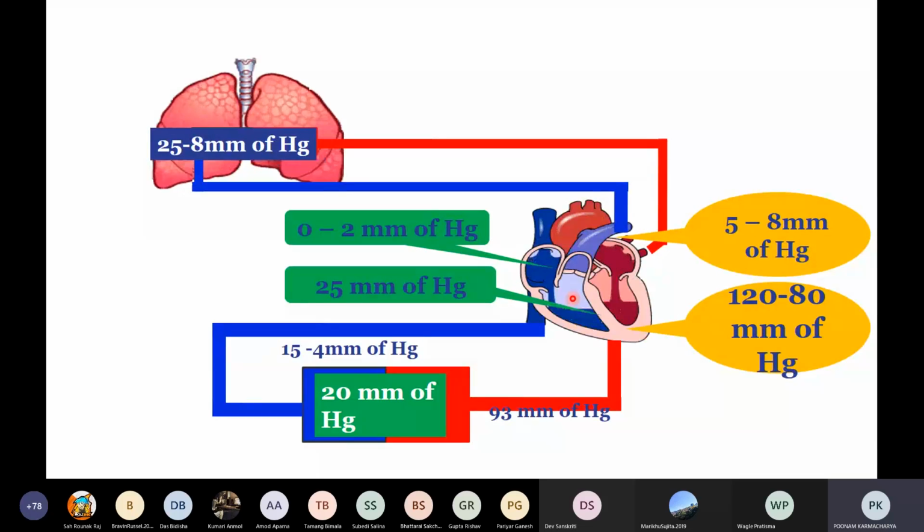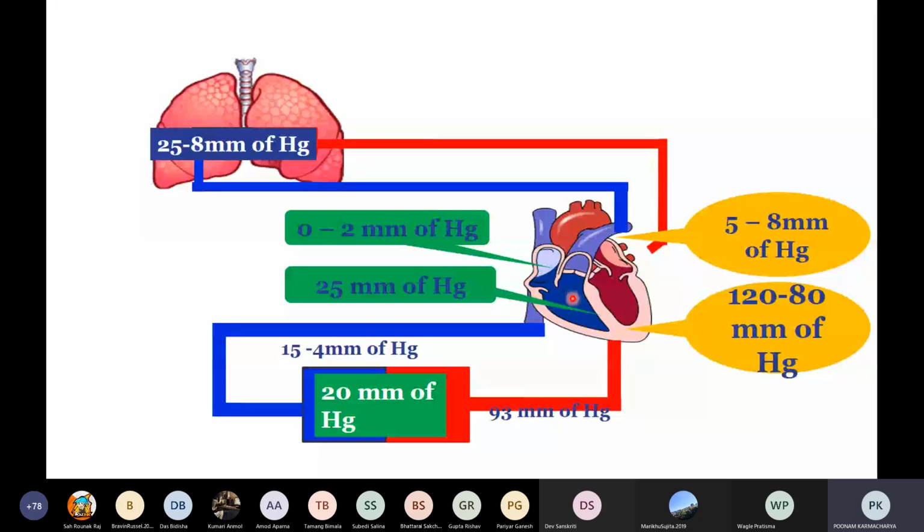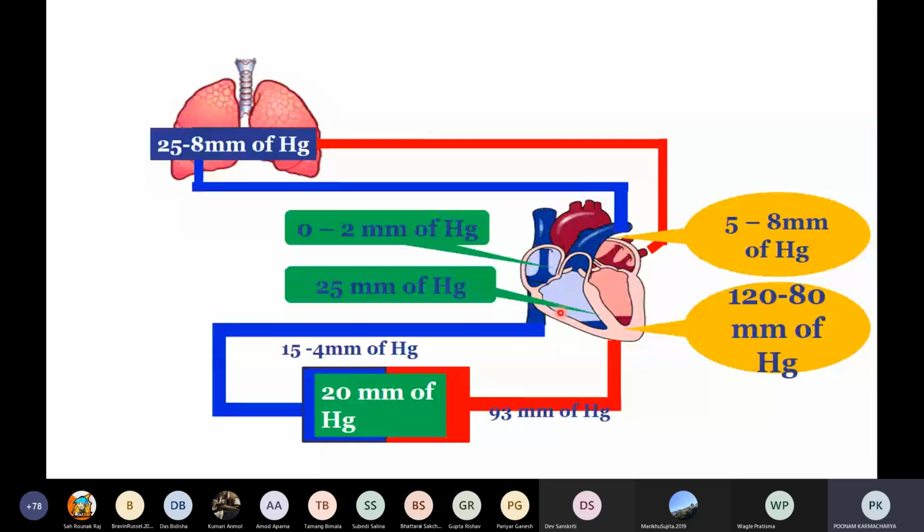So you see in the right ventricle and the left ventricle. When the left ventricle was contracting, the pressure rose to 120 millimeter of mercury. But when the right ventricle contracts, the pressure increase was only 25 millimeter of mercury. So why do you think that the pressure has to increase so much in the left ventricle and not in the right ventricle?